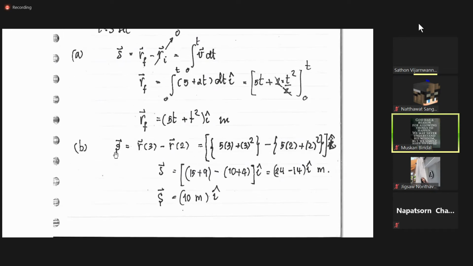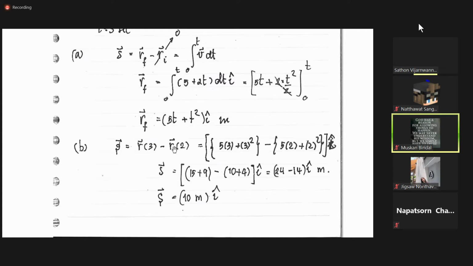So S equals R3 minus R2, and when we substitute, at R3 the position is 5 times 3 plus 3 squared in the direction of i.